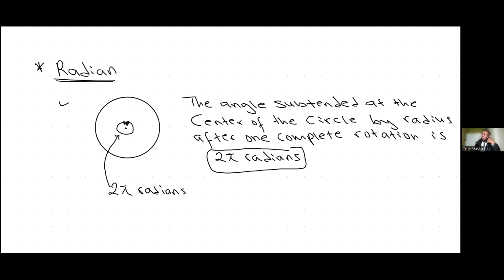So what I'm saying is that when you draw a circle, let's assume we are already aware that the radius is from the center here, all the way to any point on the circle. Now, if the length of the arc here is equal to the radius, then the angle at this point is equal to 1 radian.